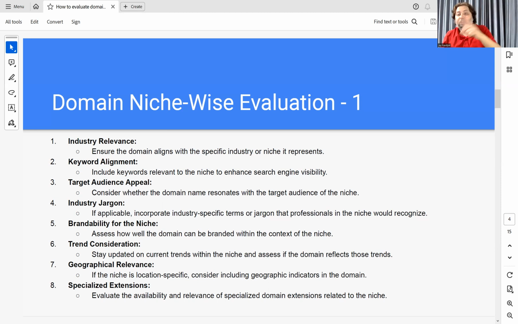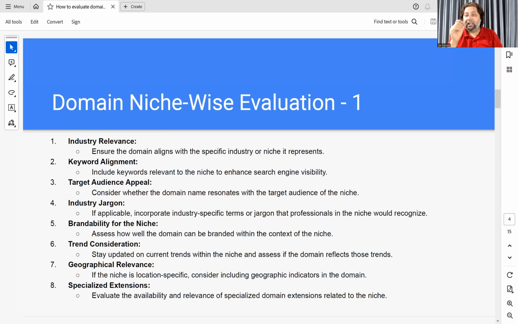Likewise, .uk and .co.uk are widely used in the UK, .eu in Europe, .jp in Japan, and .in in India. So these are some parameters using which you can evaluate a domain name.